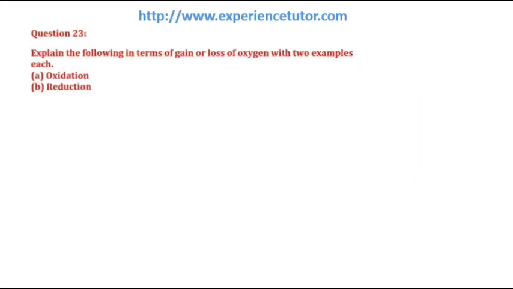Explain the following in terms of gain or loss of oxygen with two examples each. Oxidation is gain of oxygen. For example, CO2 plus H2 gives CO plus H2O.